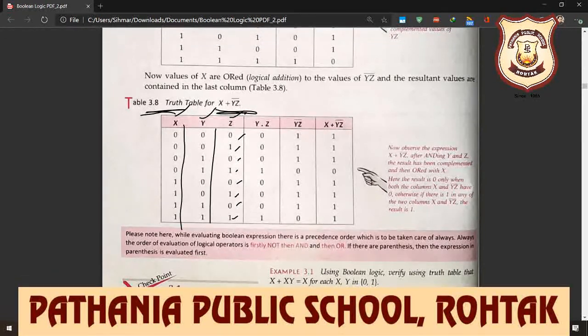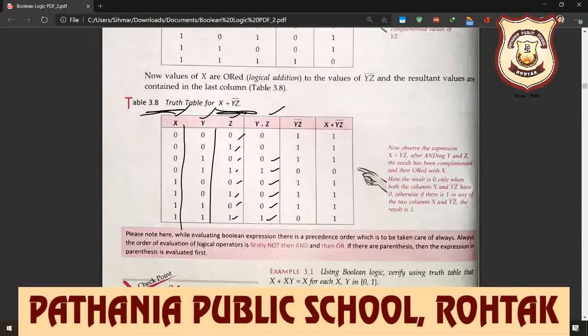Now we need yz. You multiply y and z: 0 times 0 is 0, 0 times 1 is 0, 1 times 0 is 0, 1 times 1 is 1, and the same again: 0, 0, 0, 1.